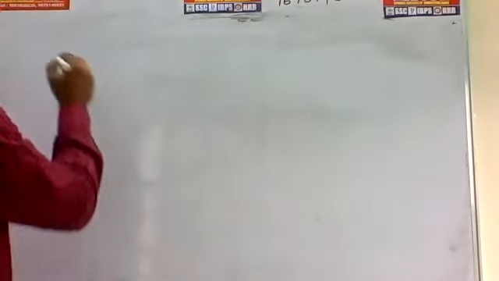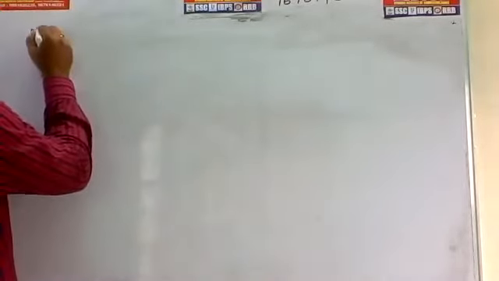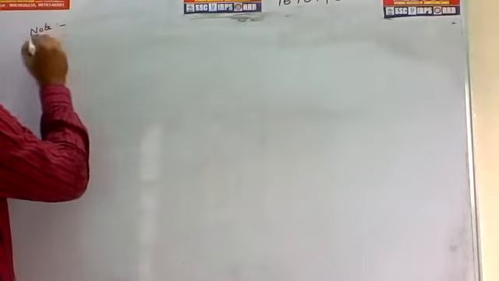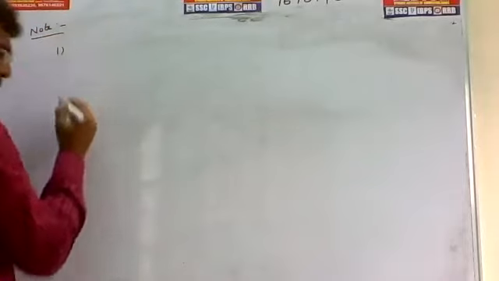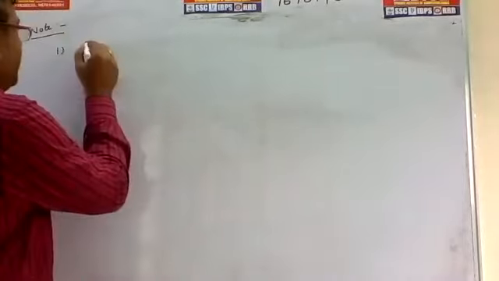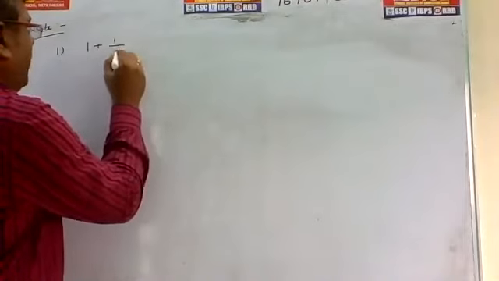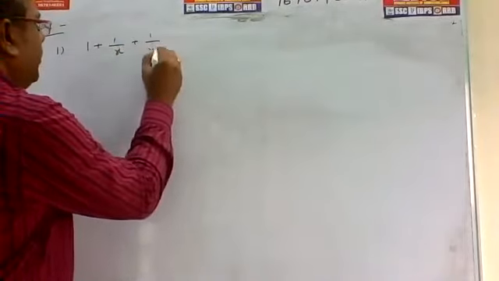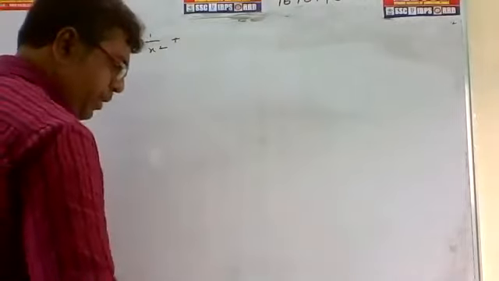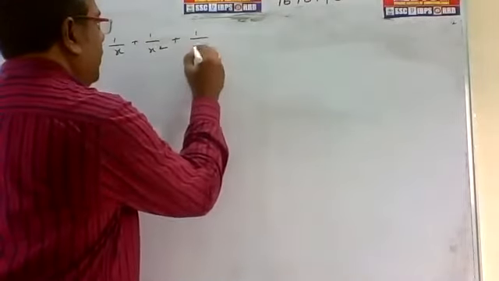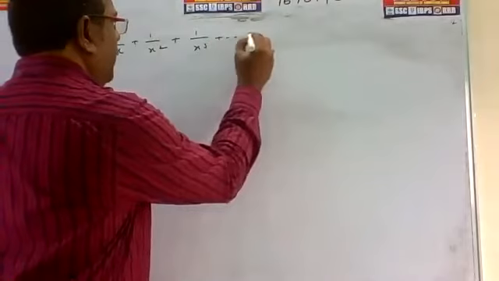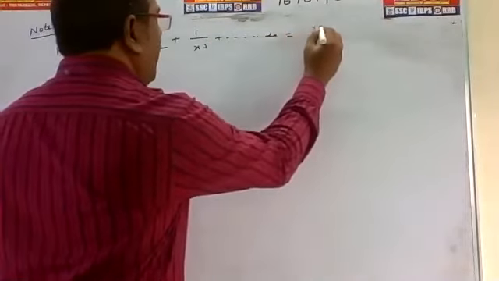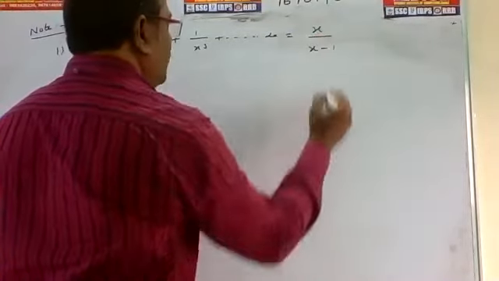Next, write down some 4 formulas. Formula number 1: 1 plus 1 by x plus 1 by x square plus 1 by x cube and so on, infinity, is equal to x by x minus 1.